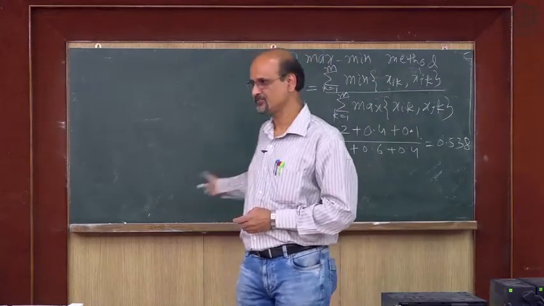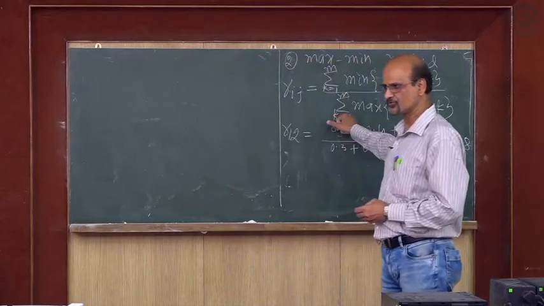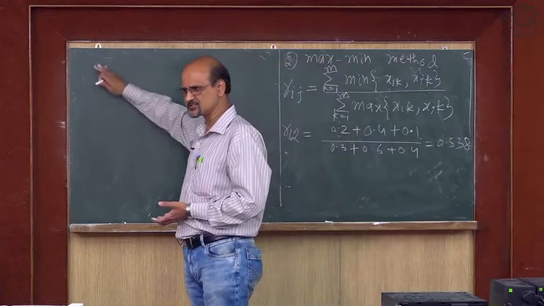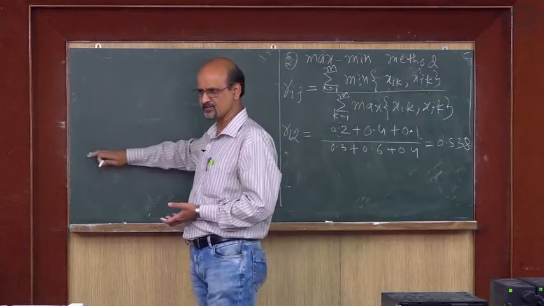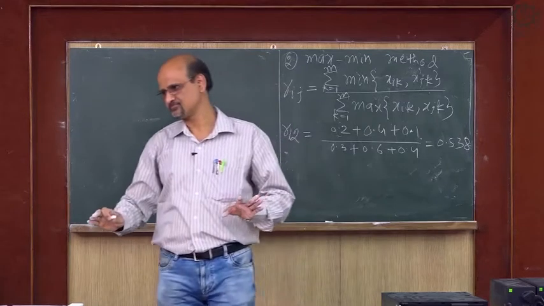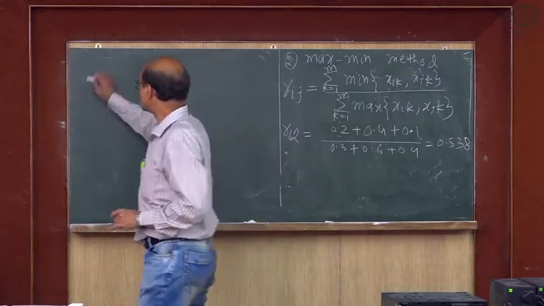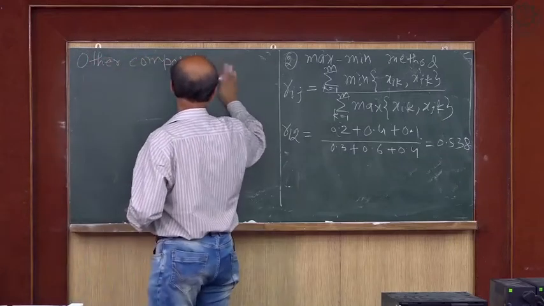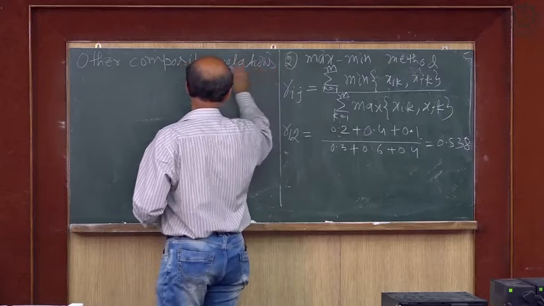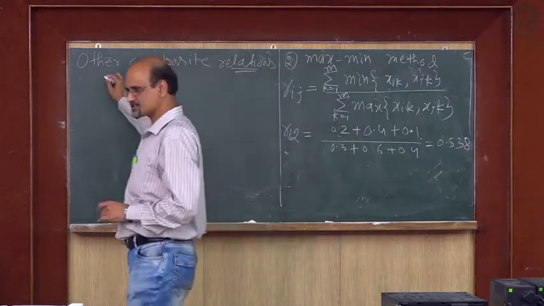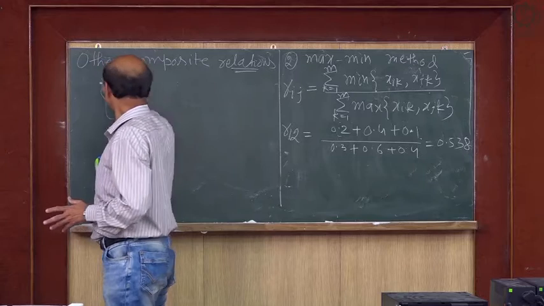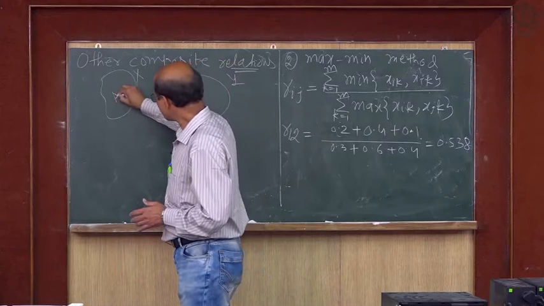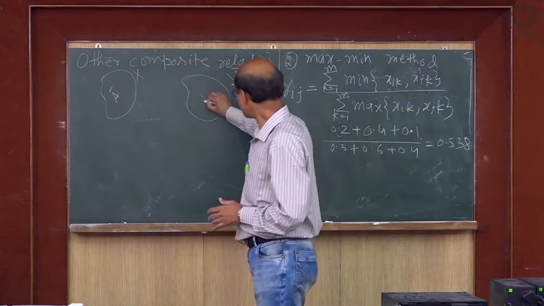I can define. Okay. So, I told now different people, now I am going to write the other composition of relations. Those are given by different researchers. Okay. So, for those other composite relations, here suppose I have x as the universal set and I have y. Suppose a fuzzy set A bar is in x and B bar is in y.